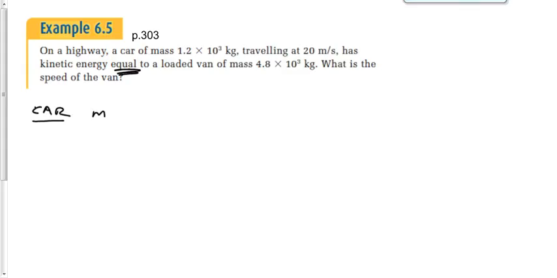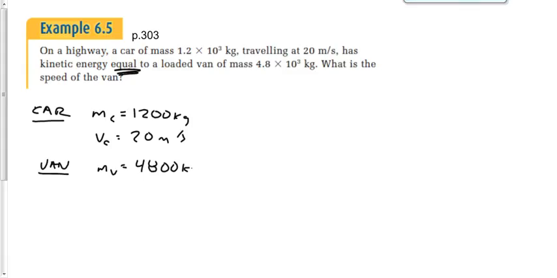Let's say the mass of the car is 1,200 kilograms. Let's say the speed of the car is 20 meters per second. Let's say the van has a mass of 4,800 kilograms, and the speed of the van is whatever.